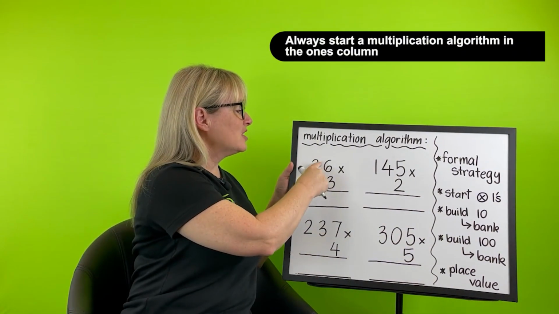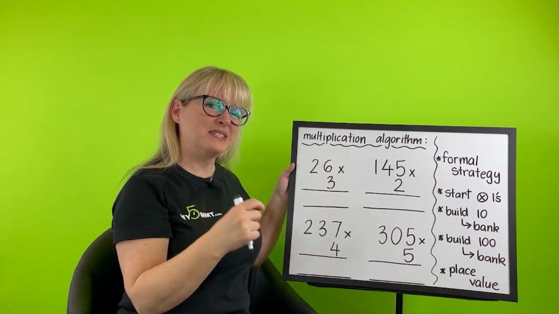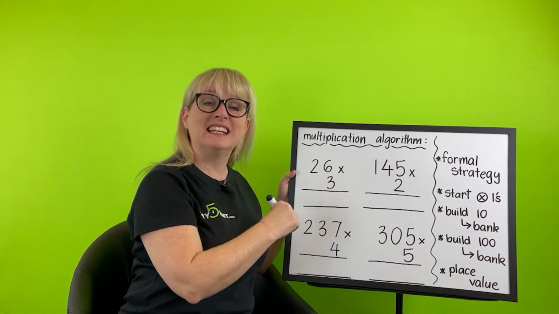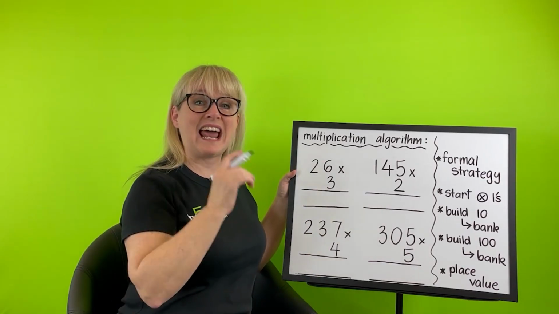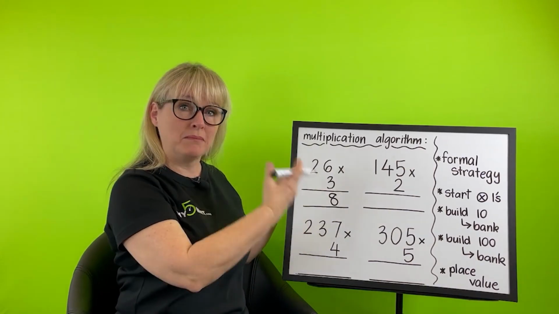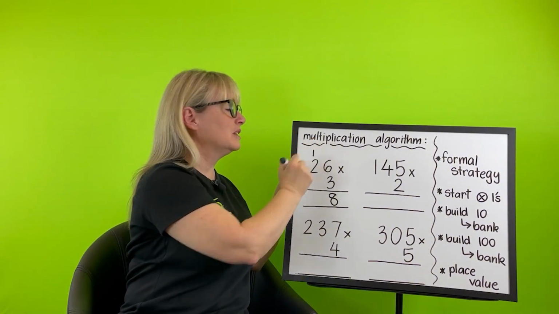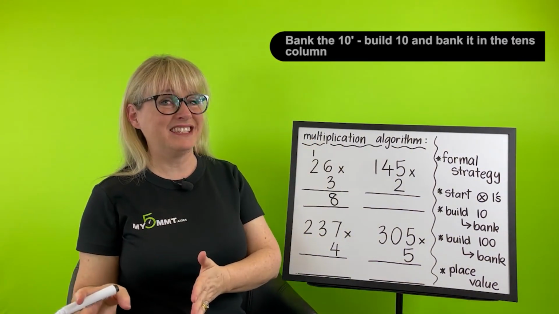So we say 3 times 6. The 6 is in the ones column. Well, 3 times 6 is 18. 18 is represented by a 10 and 8 more. So I can put my 8 little ones in my ones column, but the 10 needs to go to the tens column. And I say I bank the 10.